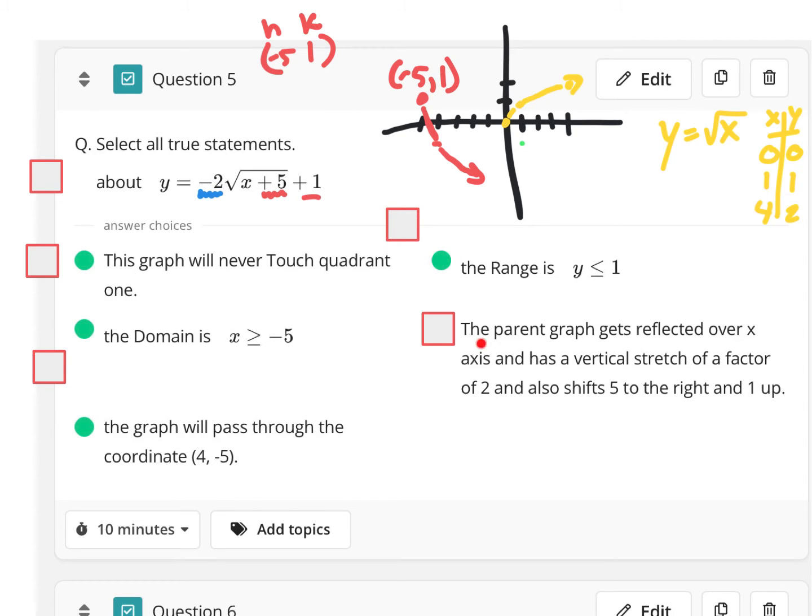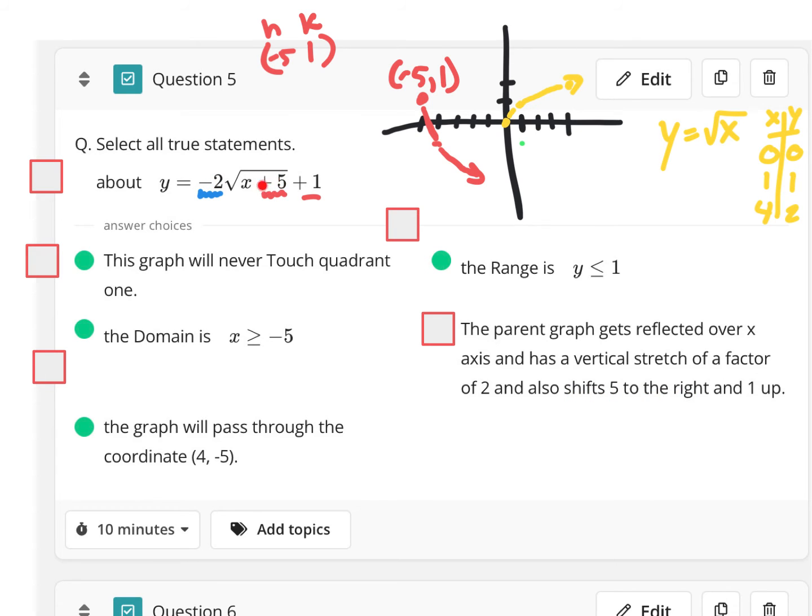Last but not least, the parent graph gets reflected over the x-axis and has a vertical stretch of a factor of 2, and also shifts 5 to the right and 1 up. So we did say that it does get reflected over the x-axis. It does get vertically stretched by a factor of 2, right? Reflected over the x-axis, vertically stretched by a factor of 2, but it does not shift 5 to the right.